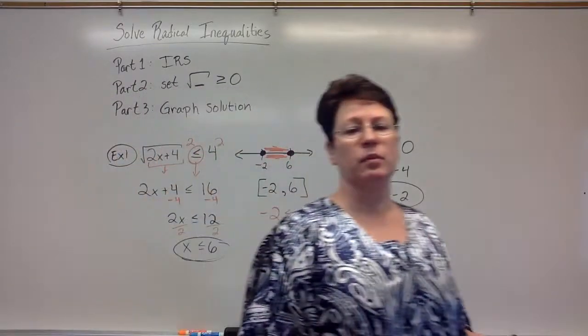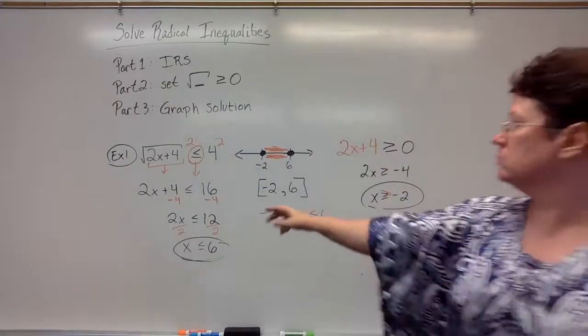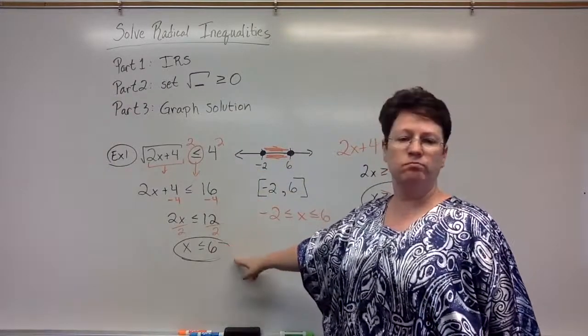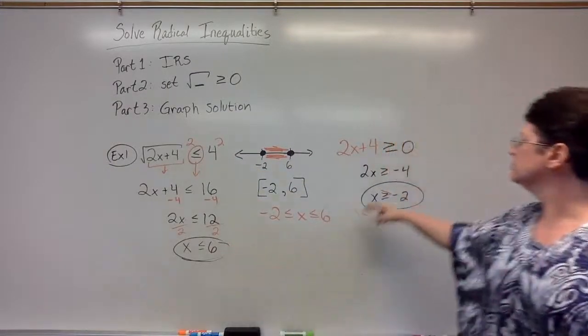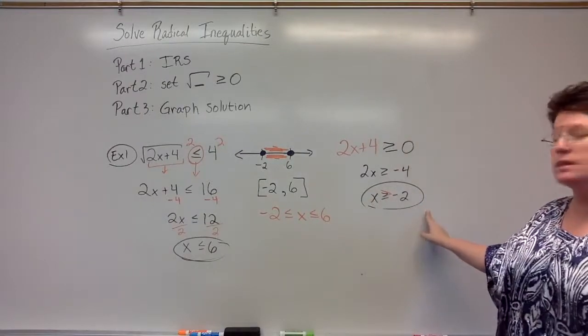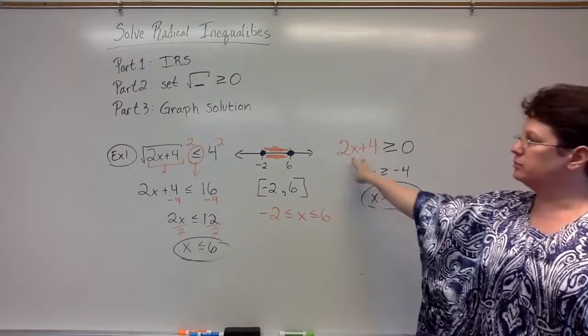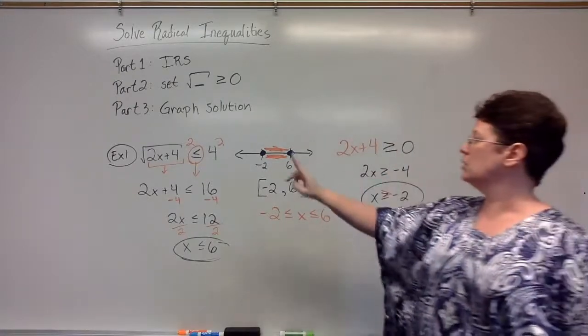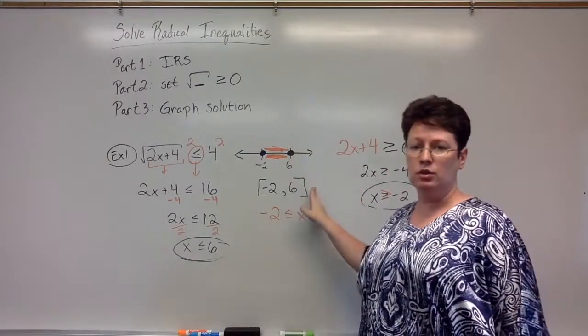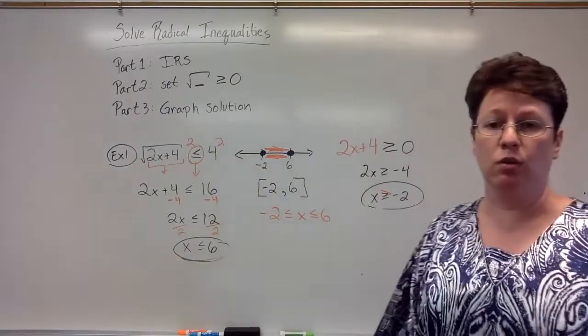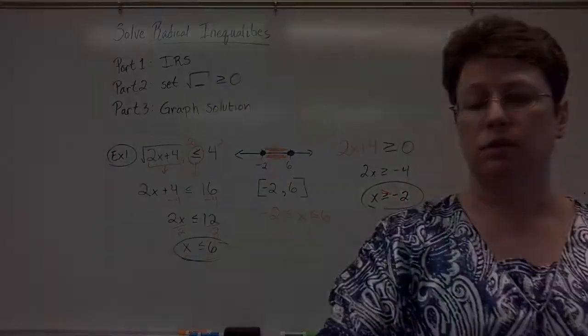So part 1, IRS, same as it was before. Part 2, set the inside of the radical greater than or equal to 0. Part 3, graph on the number line. You can write it in interval notation or in the inequality notation.